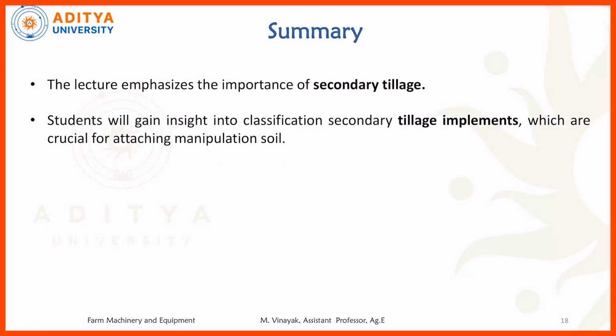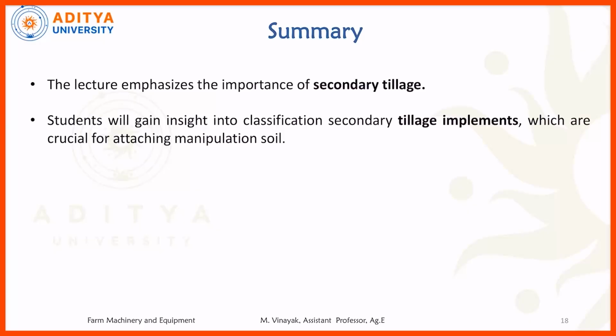Up to now we have discussed secondary tillage as well as the objective of secondary tillage. Different implements involved in secondary tillage include the disc harrow, offset disc harrow, double action disc harrow, and single action disc harrow.